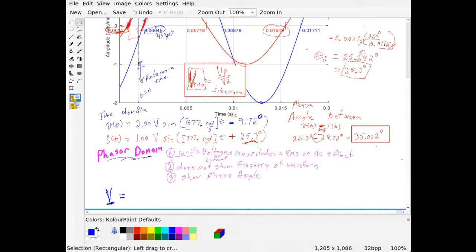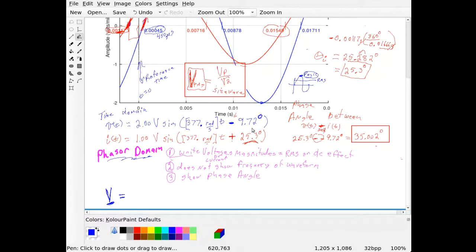All right, so then back to the phasor. Now that I've got the equation written correctly, remember, we're going from the peak value. The RMS is always less than the peak value, so we're going to divide by the square root of 2.